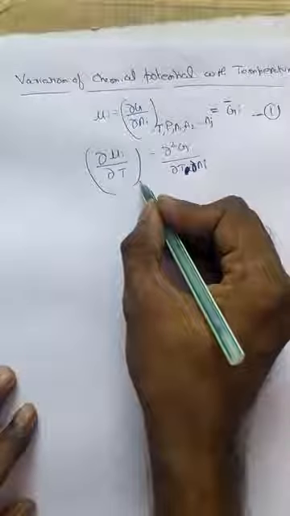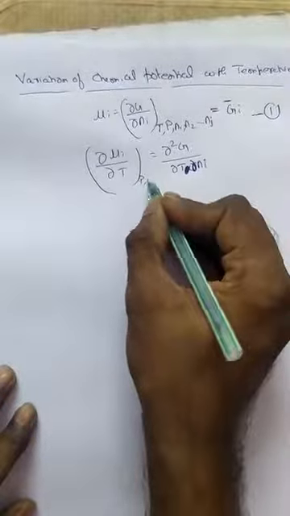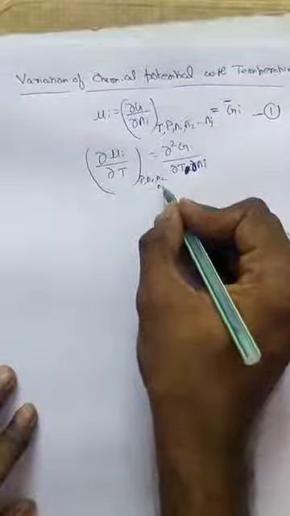Here I am differentiating at constant pressure and the number of moles constant, all the way up to Nj constant.